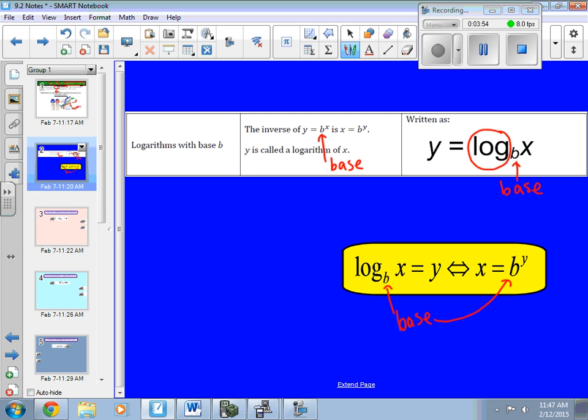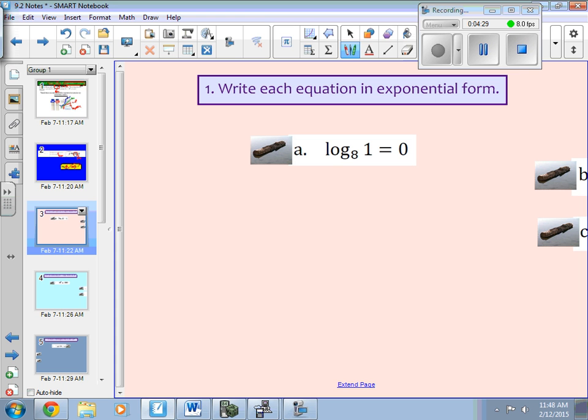So the two bases are the same number, and x is the same number, y would be the same number. So you can switch back and forth between these two forms at any time you want. Basically what happens is x doesn't move, x stays in the same spot, on the left side of the equation. B comes over and is now the base of our exponent, and y becomes the exponent. And that's how you switch between logs and exponentials.